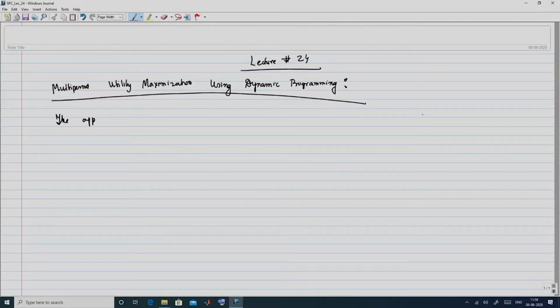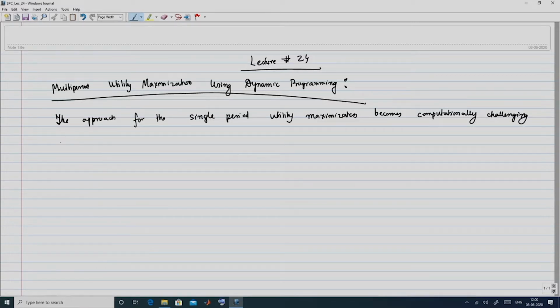So, the approach for the single period utility maximization becomes computationally challenging when it is applied to a large number of periods.